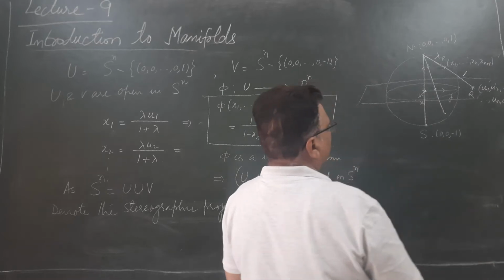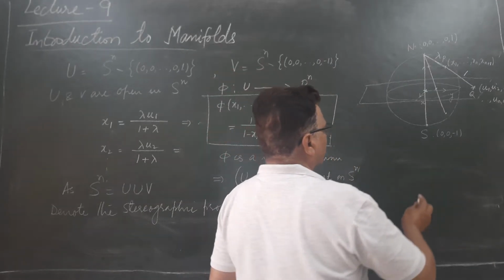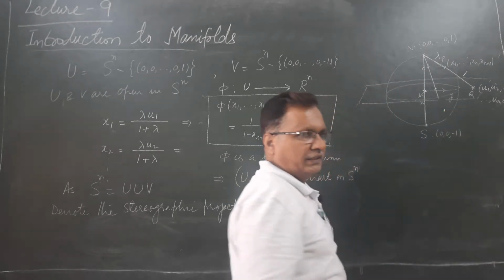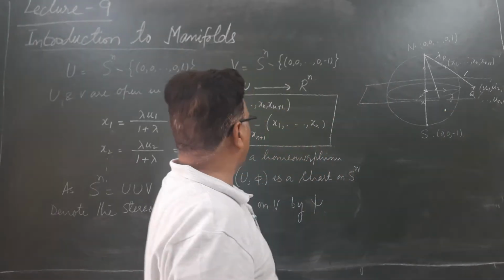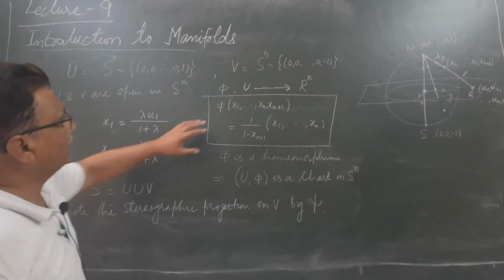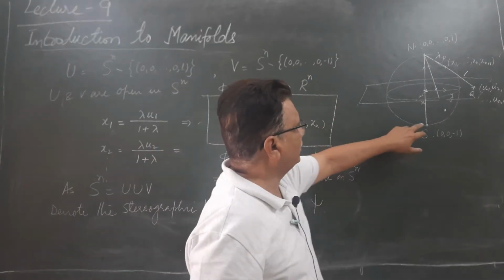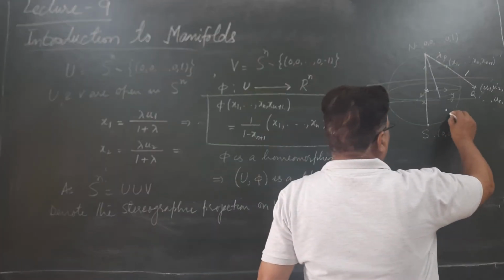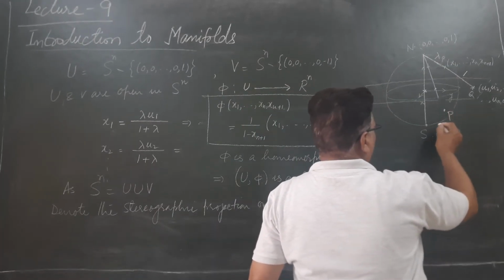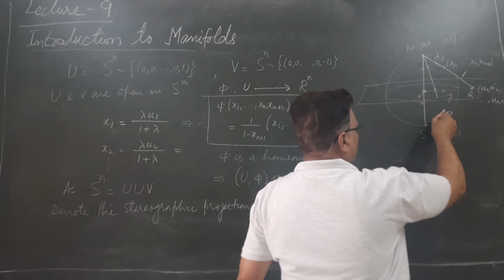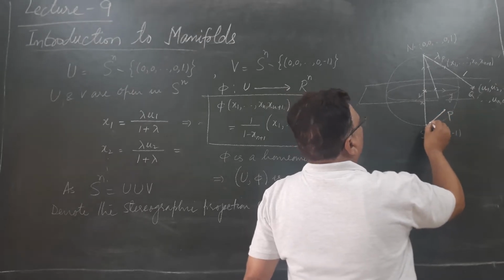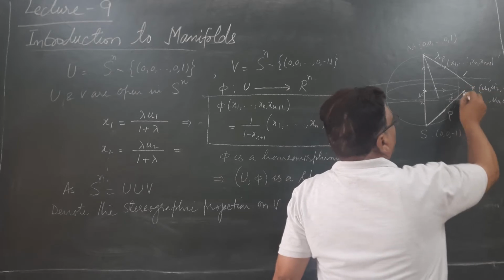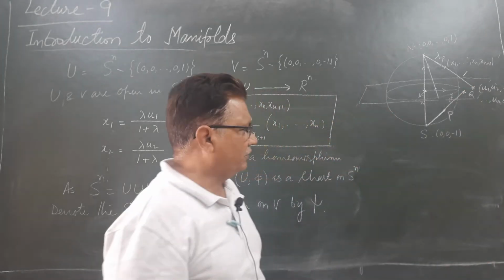तो psi का भी वही मामला है कि अगर मुझे किसी पॉइंट की इमेज ढूंढनी है अंडर psi, तो V कैसे निकाला है आपने? V निकाला है इस साउथ पोल को डिलीट कर दिया. तो साउथ पोल से उस पॉइंट को मिला दीजिए. मान लीजिए पॉइंट P मेरा यहाँ पे है, तो मैं P से साउथ पोल को मिला दूंगा and then I will extend this line segment so that it meets the XY plane or Rn, whatever you have chosen.